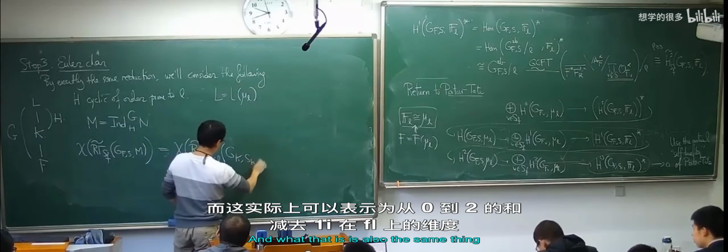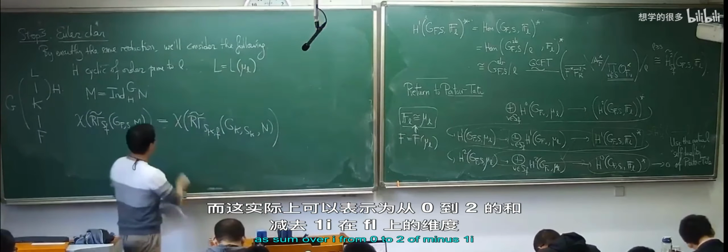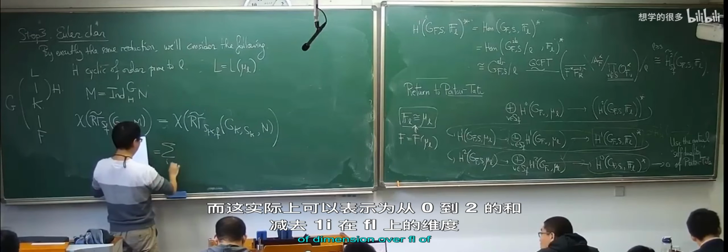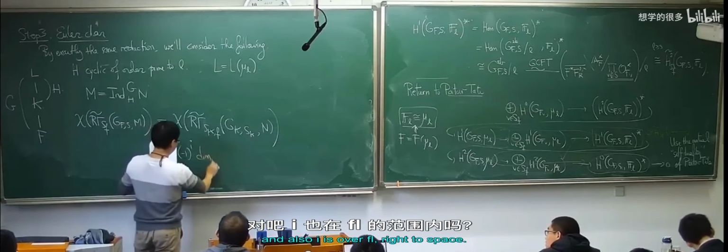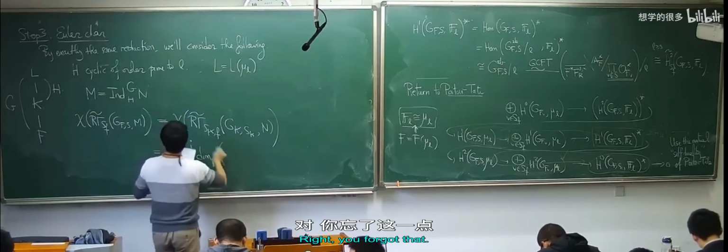And that is also the same thing as the sum over i from 0 to 2 of (-1)^i times the dimension over F_L of, and also I want to say N is an F_L vector space, right, forgot that.